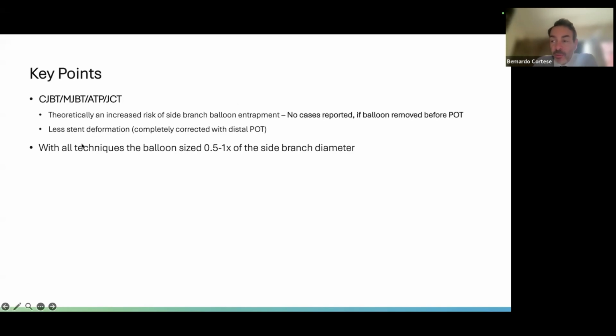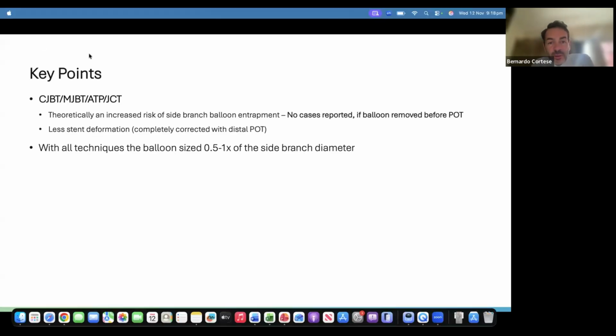You should be, in my opinion, an expert in dealing with dual stenting, with culotte, crush, and complex scenarios with some atherectomy. Because, for example, theoretically, there is no case report of entrapment, but if you don't do it correctly, the risk of entrapment of the balloon, of the microcatheter, can be there.